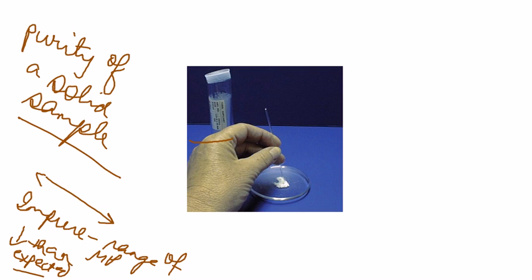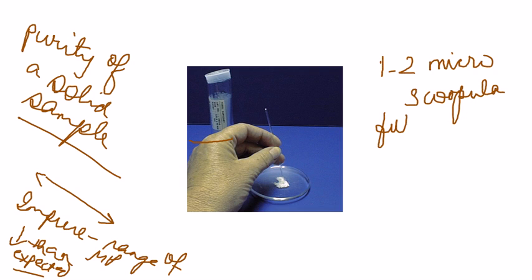Now, how do we prepare a sample? How do we pack a sample? As the instructions tell you, you're supposed to take about 100 to 200 milligrams of sample. You don't have to necessarily weigh it out. You can just take 1 to 2 microspatula fulls on a watch glass.